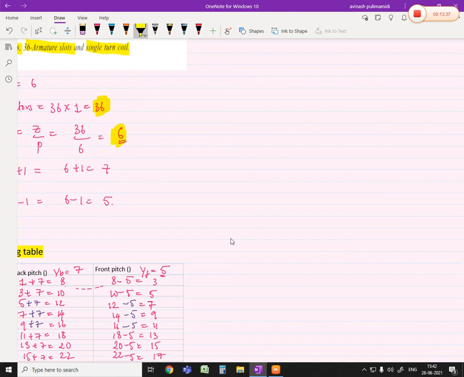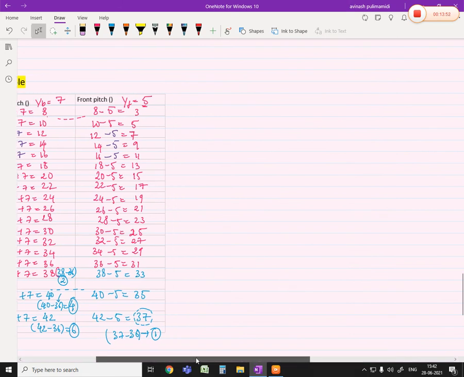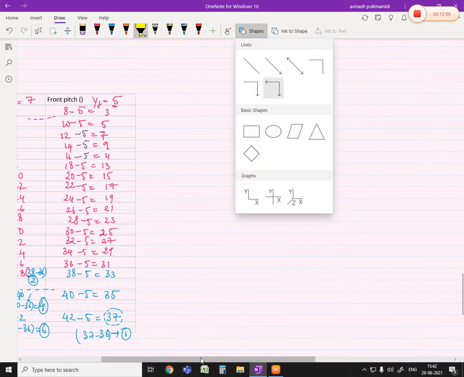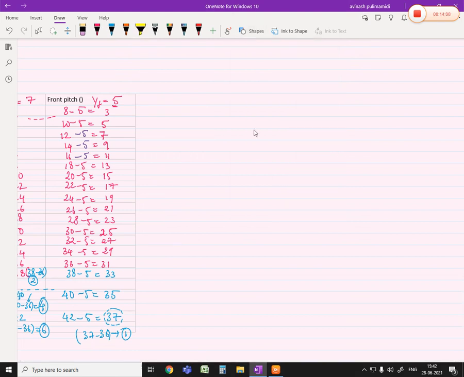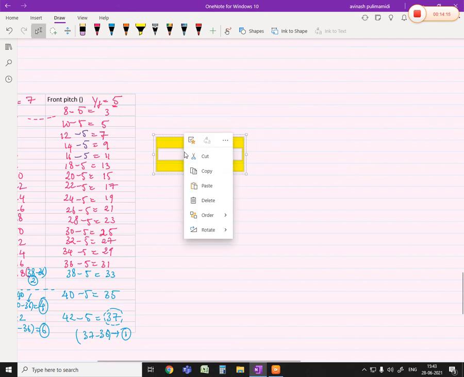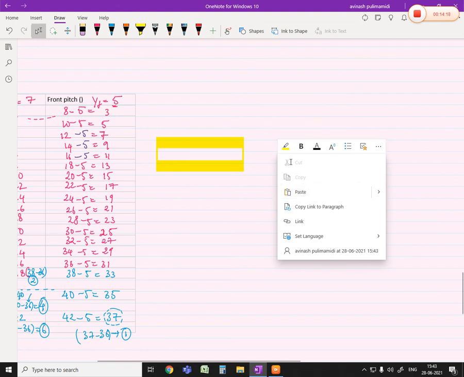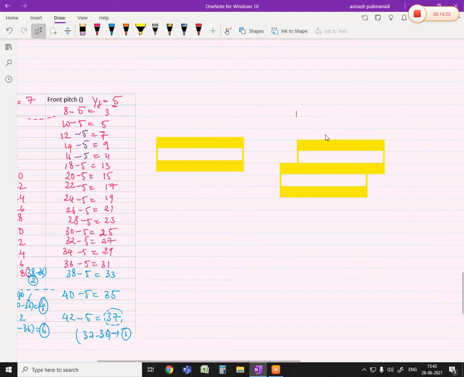So we require 6 poles. Okay. So let us take the 6 poles.